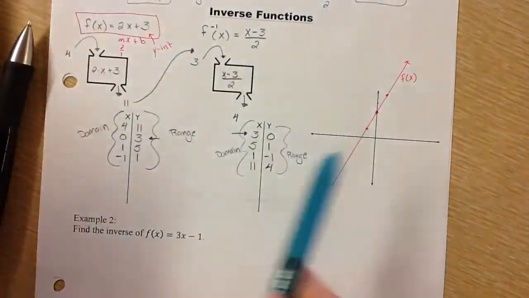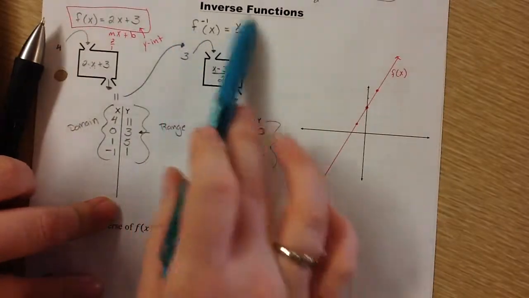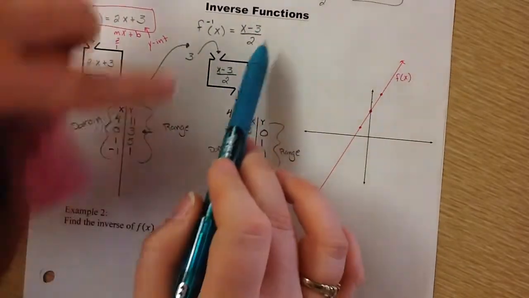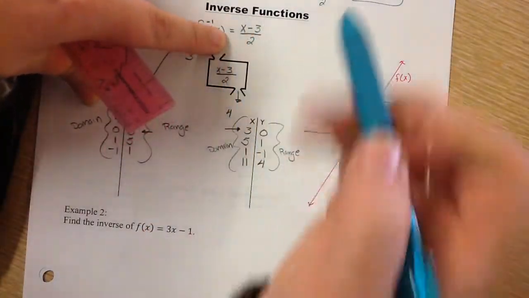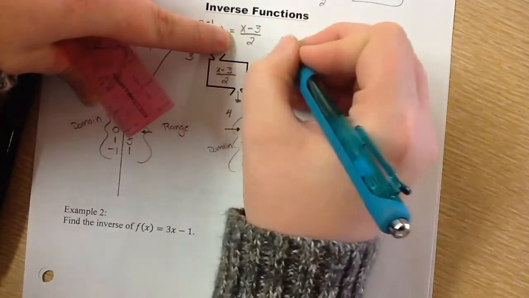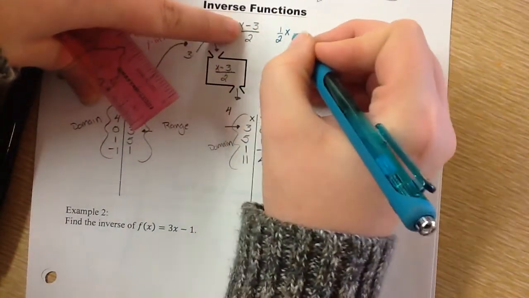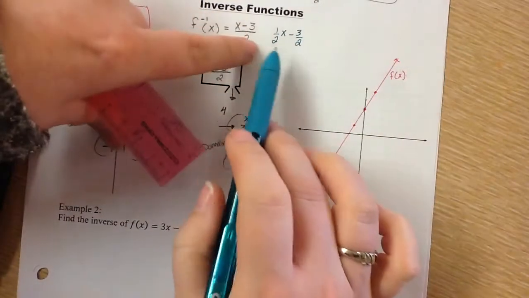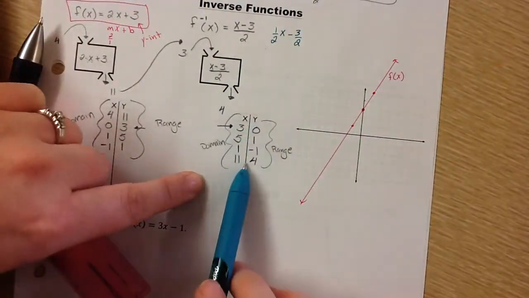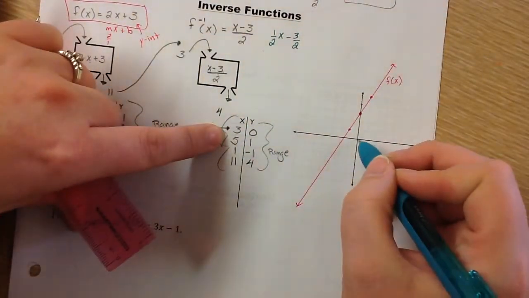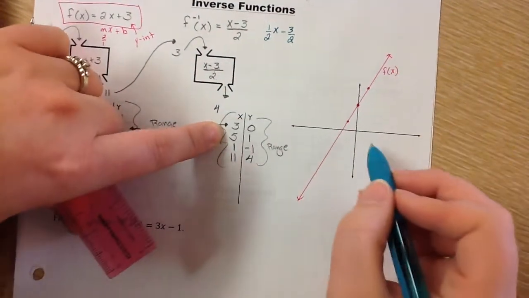All right, so now I'm going to use blue. Let's graph this inverse function. To graph this, I could rewrite this, divide these both by 2, so this would be 1/2 x minus 3/2 for me to find my mx and my b. I think I'm just going to plot some points and connect them, just because these are fractions and I don't want to deal with those right now.